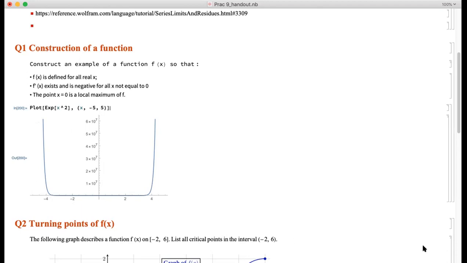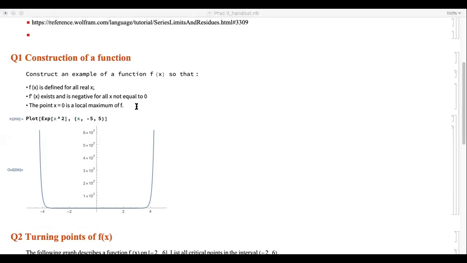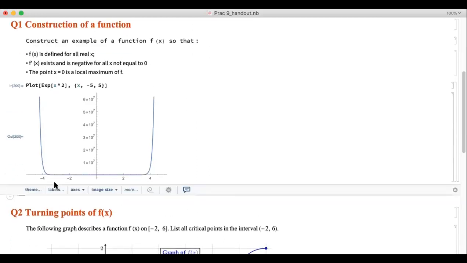You could use Mathematica to explore and plot piecewise functions, using the piecewise function given in Mathematica, for example.